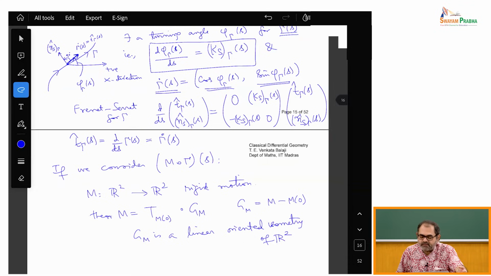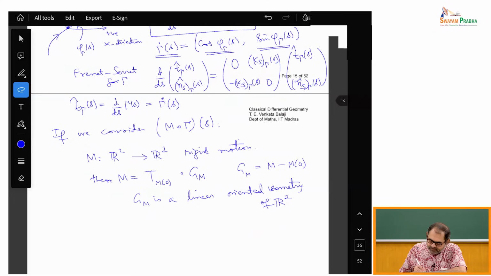Again, as we have already seen, for an isometry to be linear, it is enough that it takes 0 to 0, and then it will preserve dot products, it will preserve norms. And there are only two things it can do. It can either preserve the orientation or reverse the orientation. The orientation will be preserved if the matrix of that linear isometry has determinant +1.